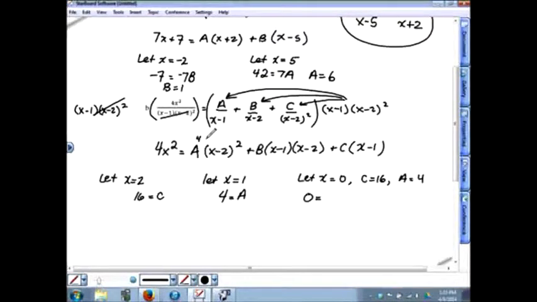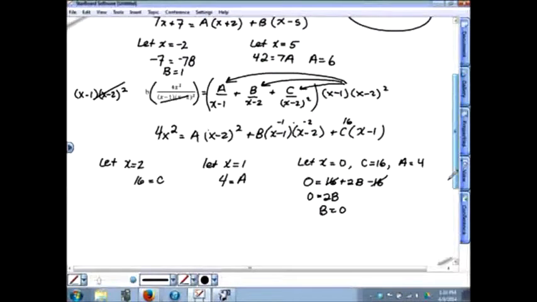Now remember, a was 4, x was 0, 0 minus 2 is negative 2 squared is 4, 4 times 4 is 16, and we don't know what b is, but x is 0, 0 minus 1 is negative 1, 0 minus 2 is negative 2, negative 2 times negative 1 is 2, 2 times b is 2b, and then over here, if c is equal to 16, and x is equal to 0, 0 minus 1 is negative 1, negative 1 times 16, negative 16, so those cancel, 0 is equal to 2b, and b is equal to 0, so we have the three values that we need.